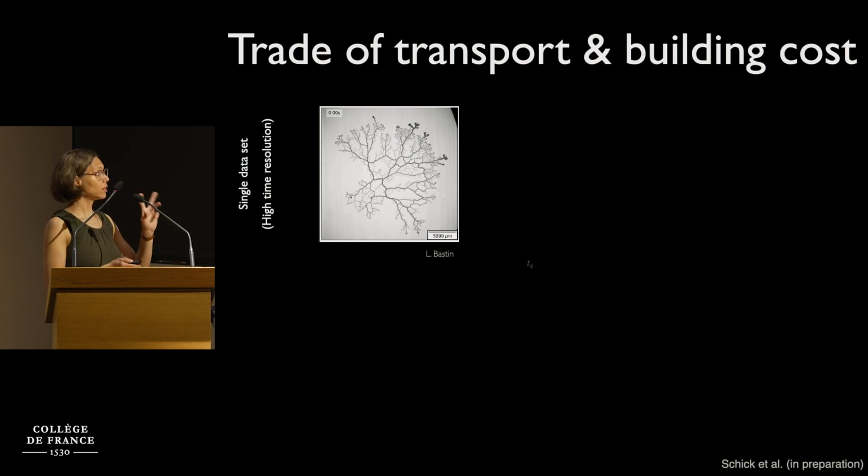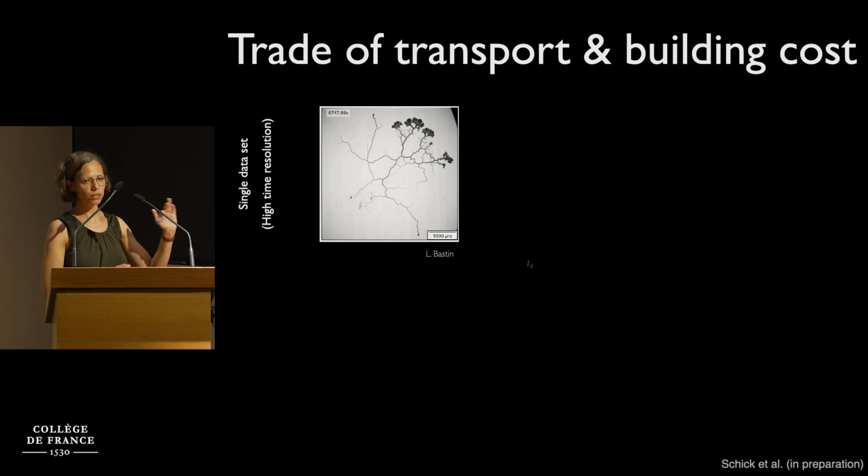So let's quantify those 2 by looking at this network where we observe the transition from a crescent state to a lightning state at very high time resolution. And what you can already see is that the overall volume of the network is going down. So the building cost is going down.